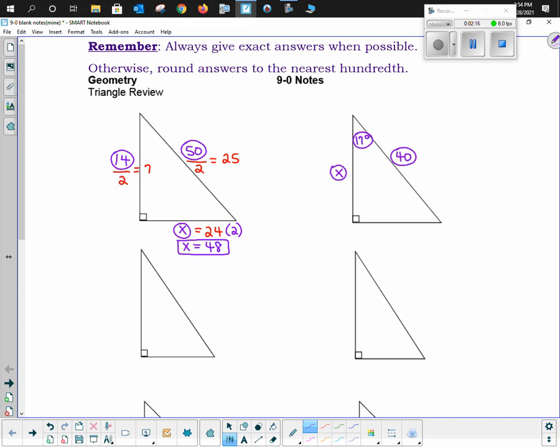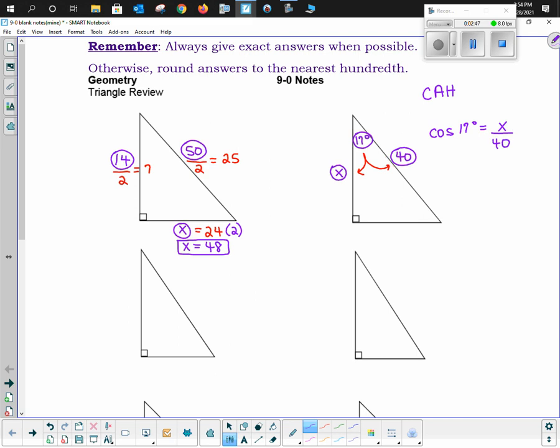Remember, from the angle's perspective is the key. From this angle's perspective, you have the adjacent side and the hypotenuse side. That means adjacent and hypotenuse, remember, is part of CAH from SOHCAHTOA. So that should tell you that this is cosine of the angle equals the adjacent side over the hypotenuse side.